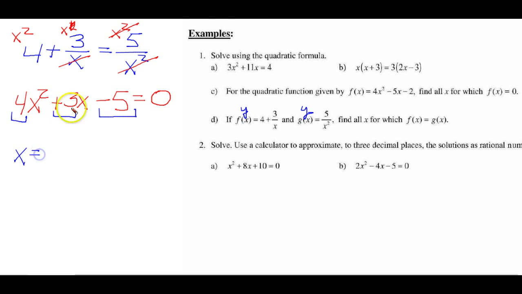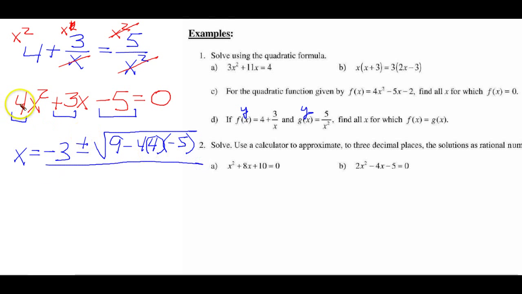X equals, now there is no negative here, so it's just negative is in the formula, -3, plus or minus the square root of b squared is 9, minus 4a, which we say is 4, and c, which we say is a -5. And that's all over 2a, which is 2 times 4 is 8.